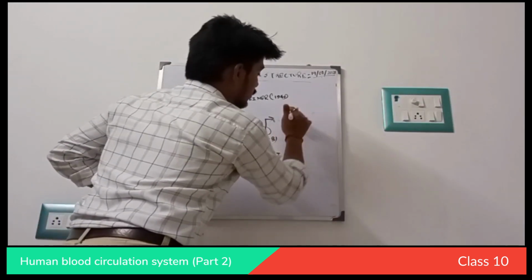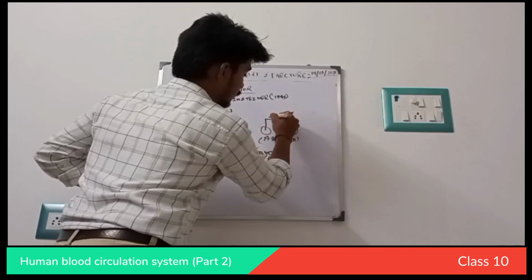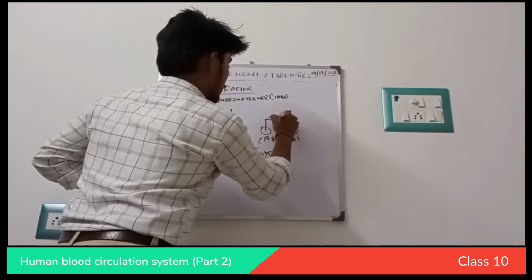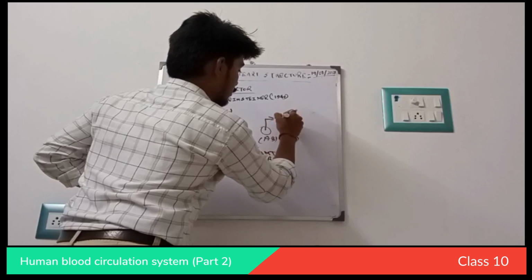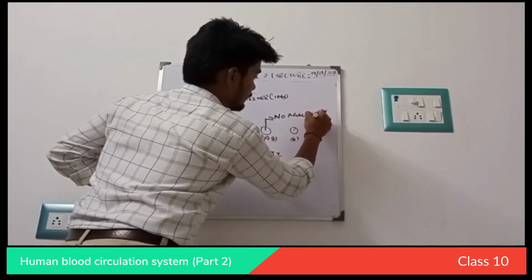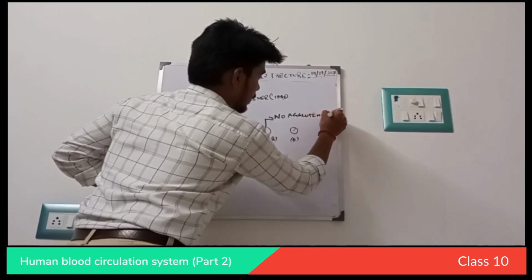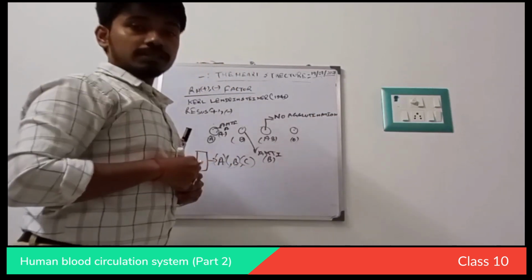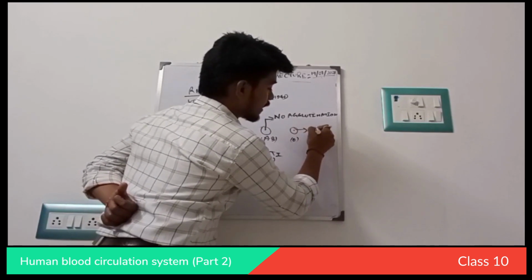No agglutination is there for AB, and O has agglutination with both anti-A and anti-B.